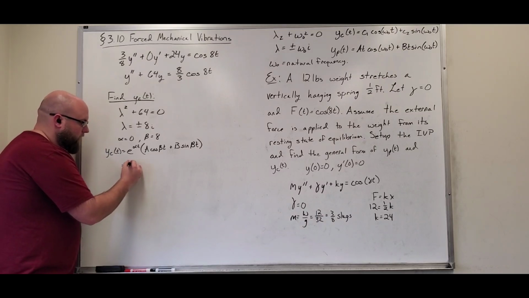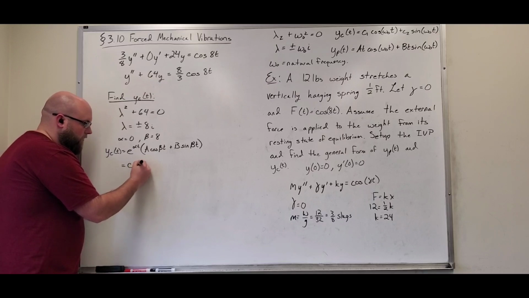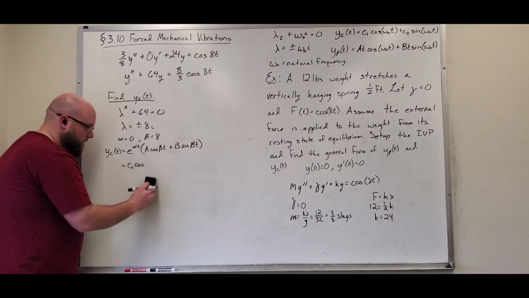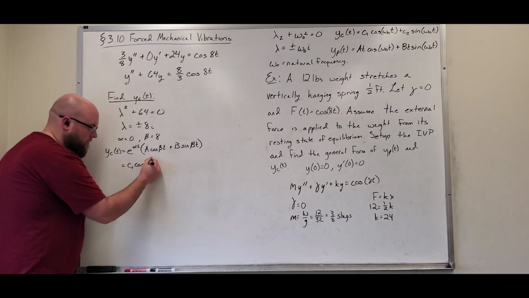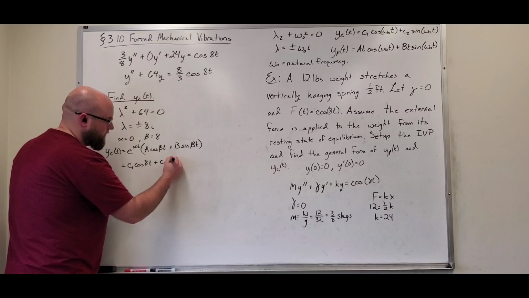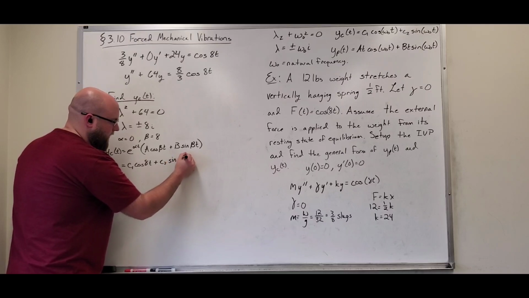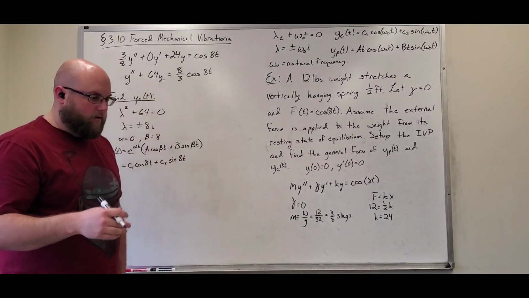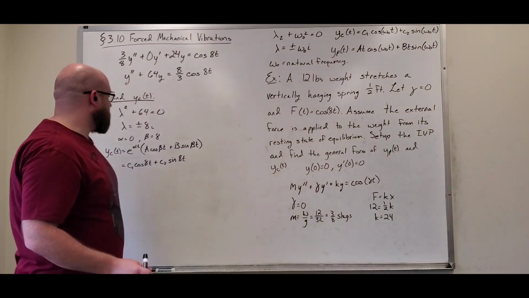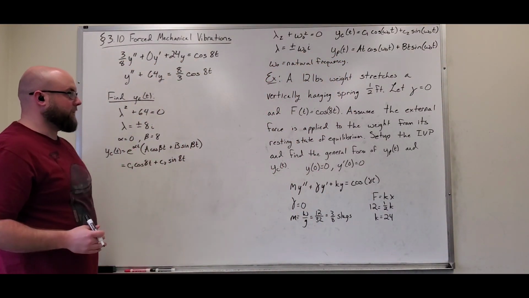In our case, we're going to have, and I'm going to change these a's and b's to c1 cosine of 8t plus c2 sine of 8t. So that is our y_c. Okay? So nothing horrible there. That's pretty straightforward. We're done with that piece.